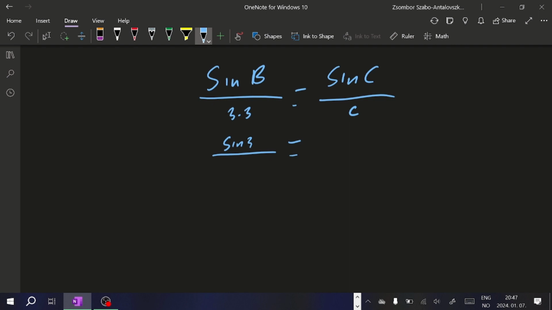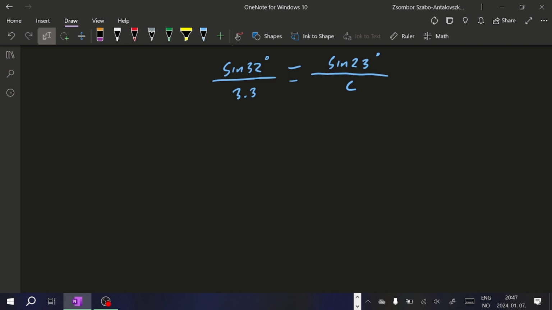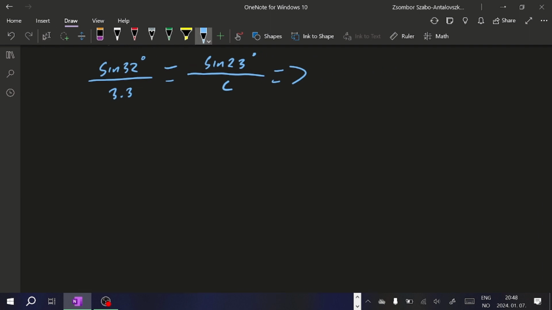So sine 32 divided by 3.3 is equal to sine of 23 degrees, which we just calculated, divided by c. And then we just need to multiply and divide just as we did last time, and by that we are able to rearrange it and solve for c.